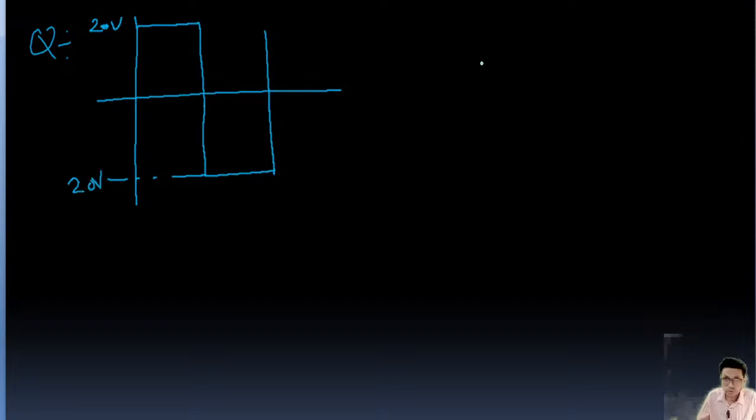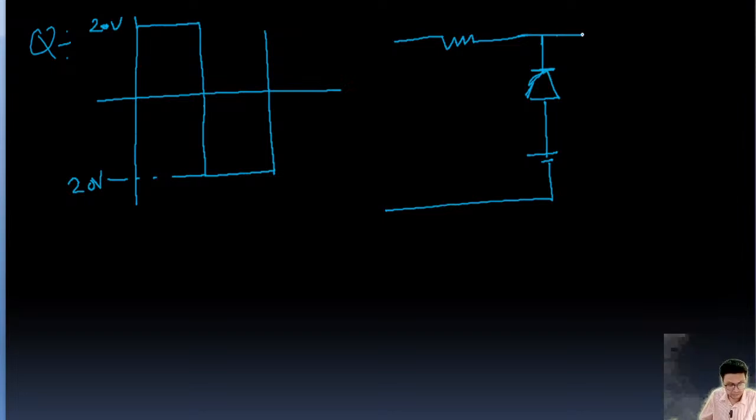So we have a figure, this clipper, this is resistance, so we have a parallel clipper. This is 3 volt, this is 2 volt, guys.